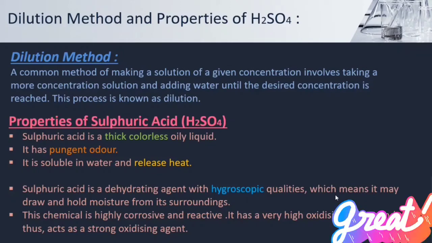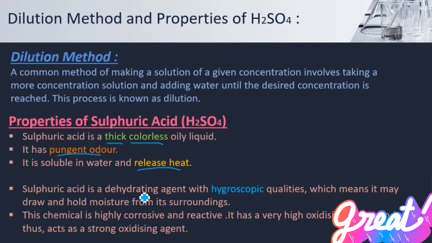Properties of sulfuric acid. As we are discussing sulfuric acid in this whole solution experiment, we should have some basic concept of what sulfuric acid is and what its properties are. Sulfuric acid is thick and colorless. It has a pungent odor. It releases heat.